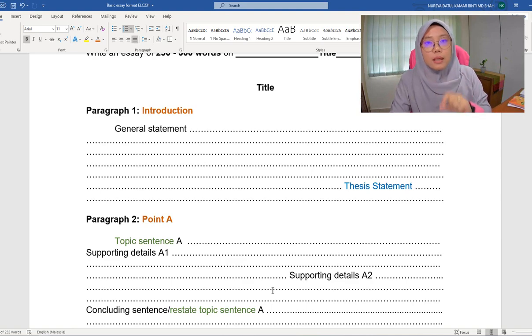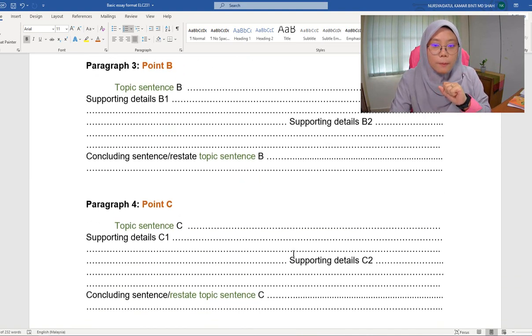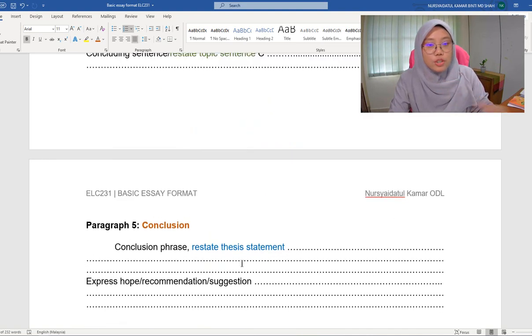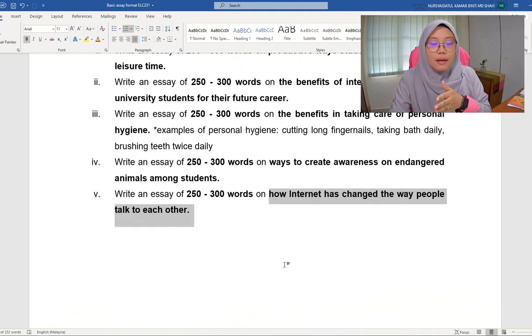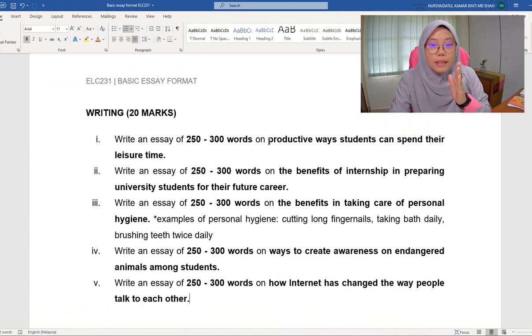However, the ideas must come from you. Okay? So, yes, I teach you how to write this and how to paraphrase, but you have to remember, ideas need to come from you.